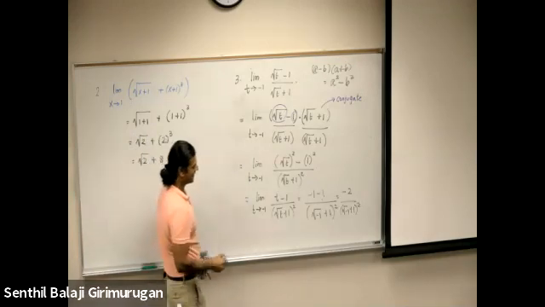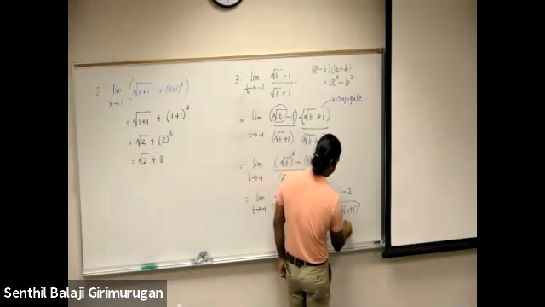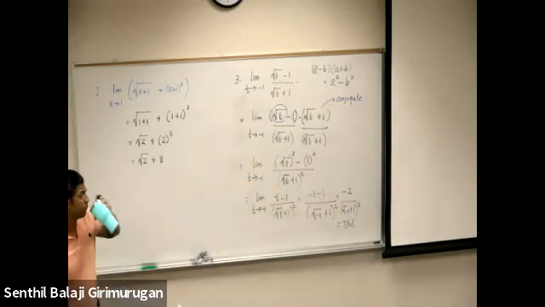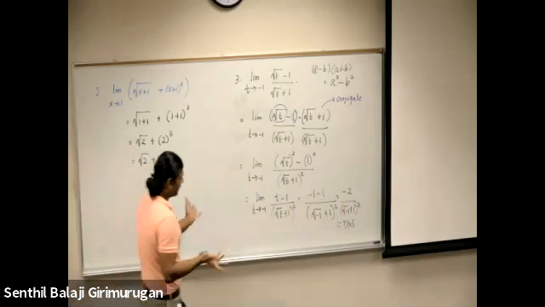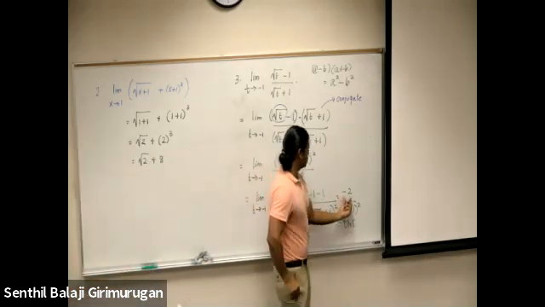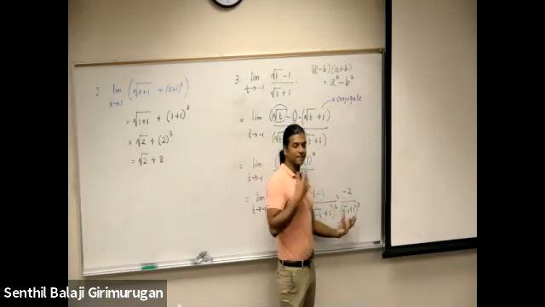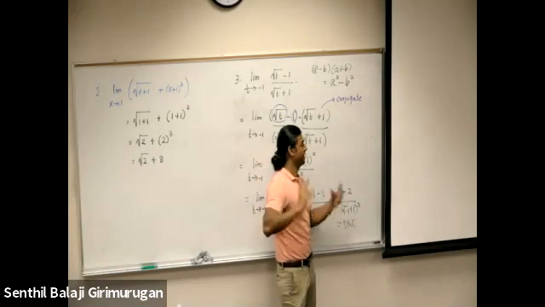So in this case, the limit is not a real number. Do we see the difference? If things worked out really well, I would have had 0 here, imaginary or not, as long as the denominator doesn't become 0, I'm fine.